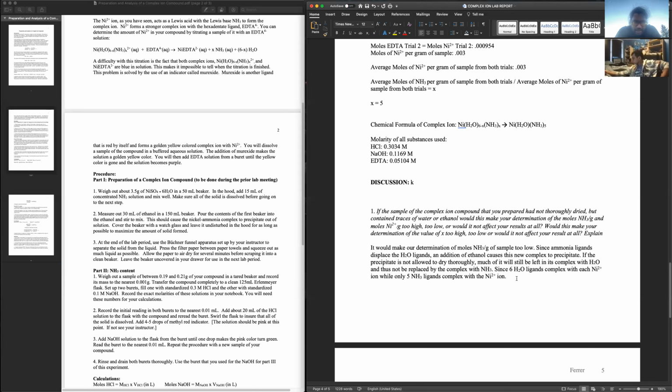I think, all right, I'm not sure of this, but it would be too low as well, since not enough would have precipitated out to form the new complex. That's what I think. The amount of nickel per gram of sample.